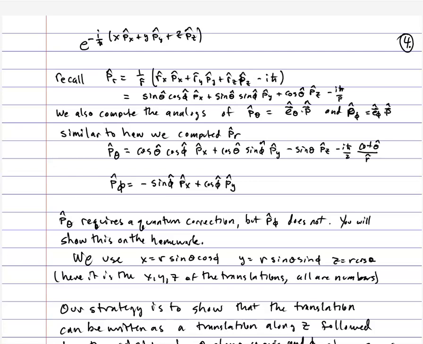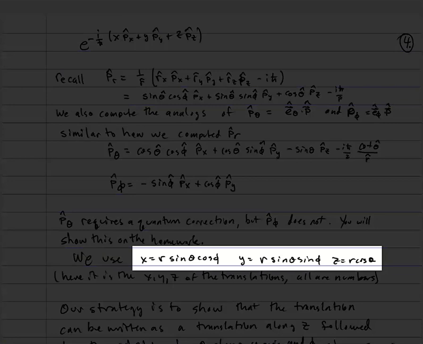Now, we're going to use the representation of x in terms of spherical coordinates for the point in space that I'm trying to translate my quantum system to. And we're going to write that as x is r sine theta cos phi, y is r sine theta sine phi, and z is r cos theta. And note here that these are all numbers.